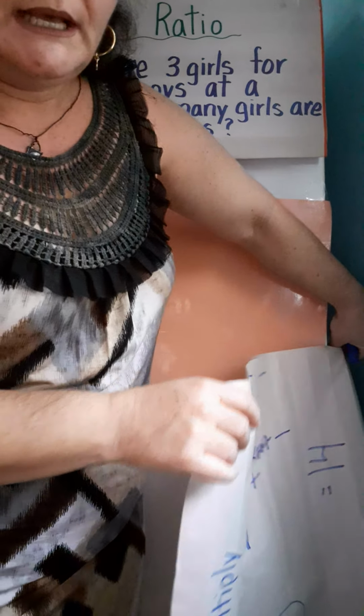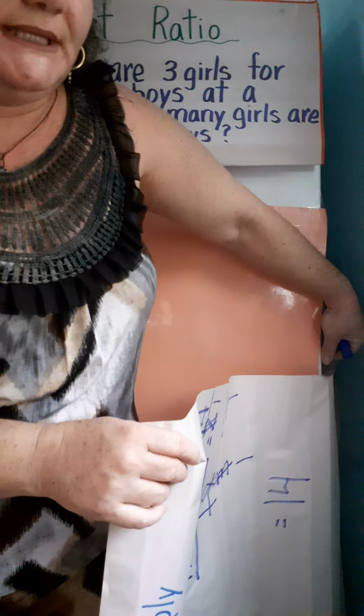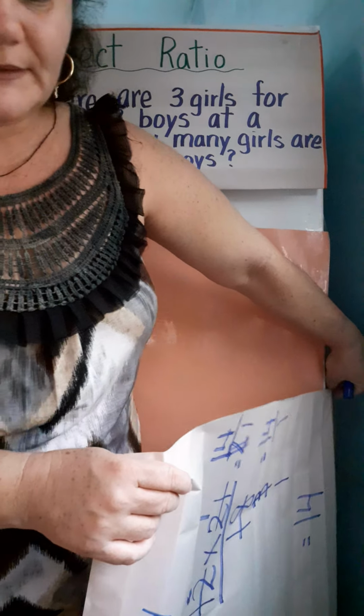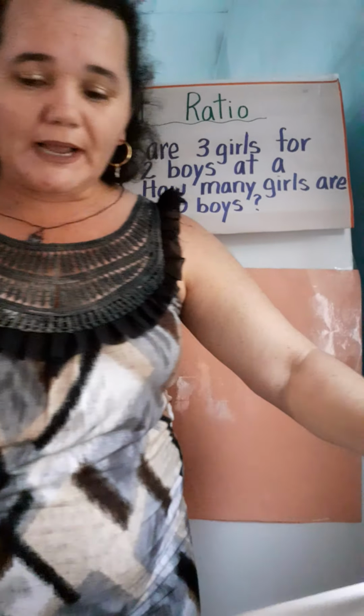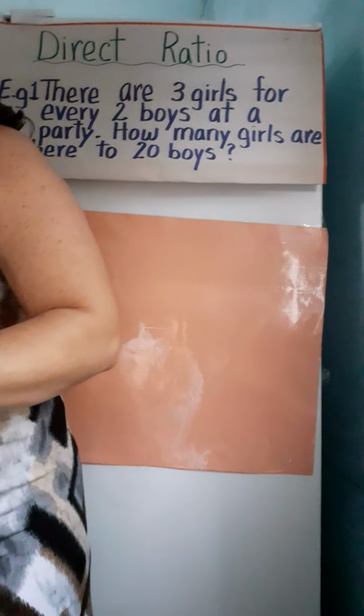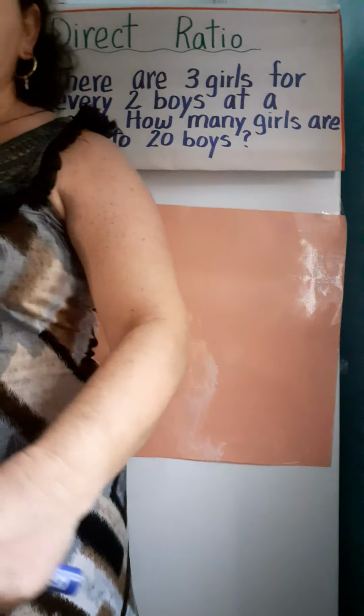Okay, so let's look at this problem. This is example number 1. I am going to give you 3 examples, and then you're going to be able to solve 2 problems, and every day I am going to give you 2 problems based on direct ratio.